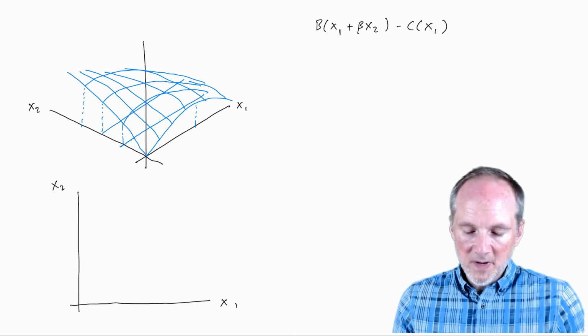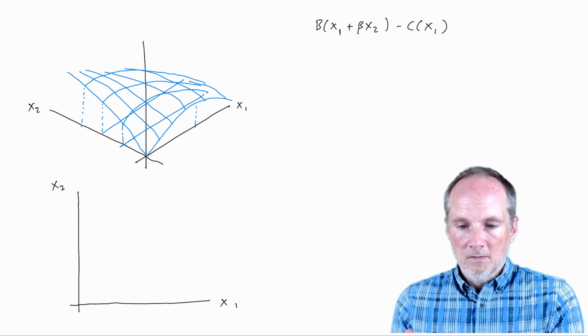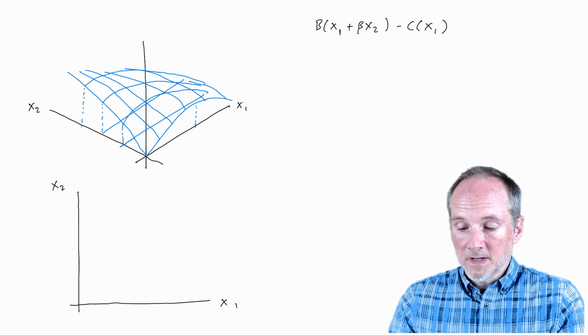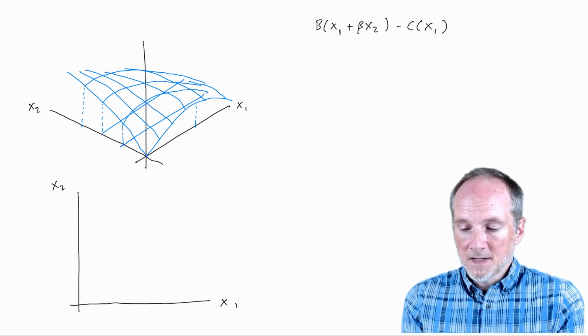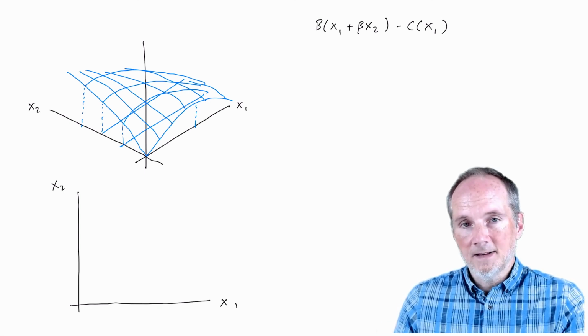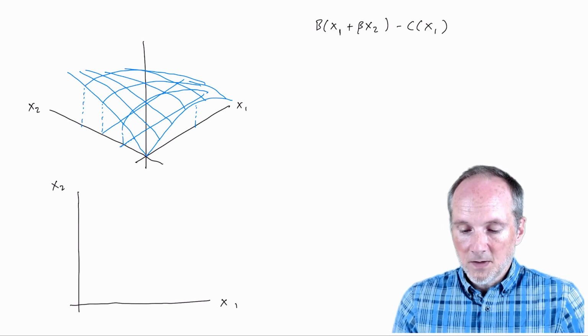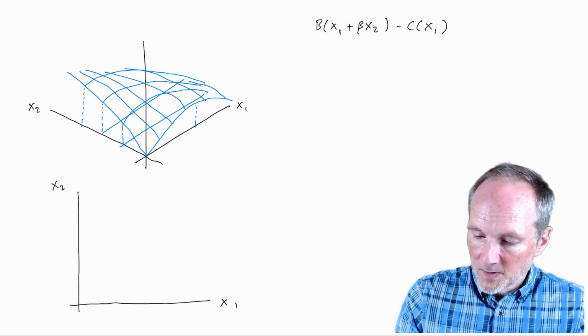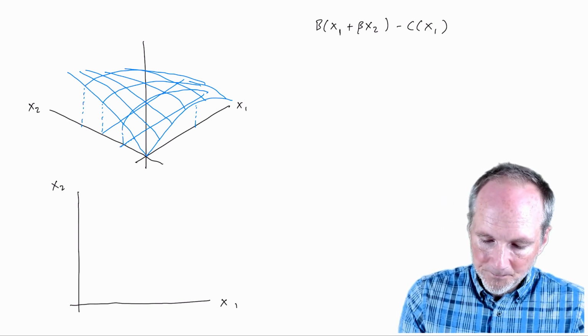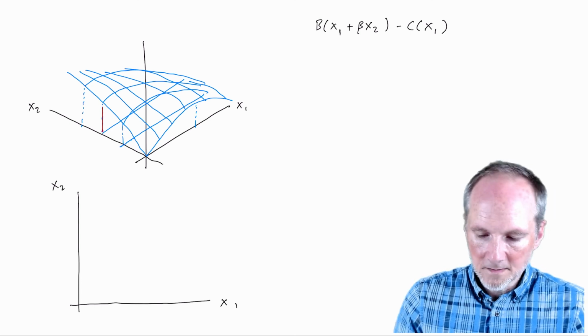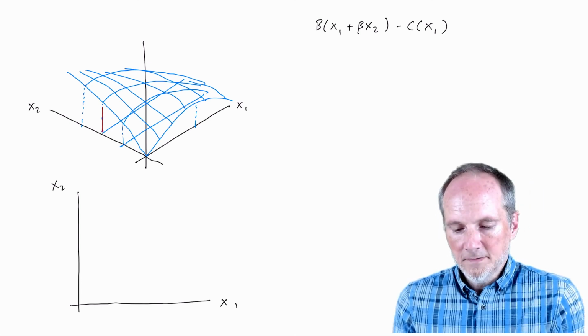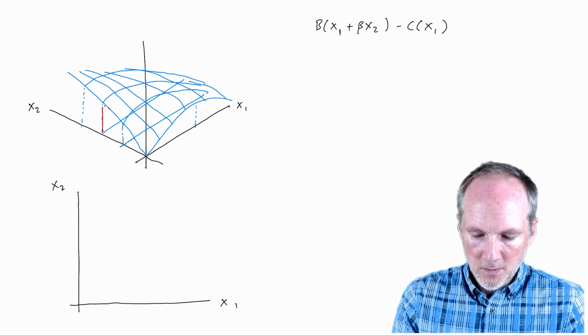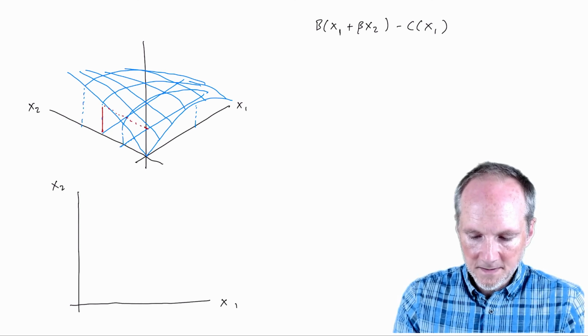Well, for a certain utility level or level of net benefit, that's going to be the x1, x2 pairs that generate that net benefit. Okay, so if we think, for example, about this level of net benefit, I can go over here to the vertical axis. Here, it's this level.